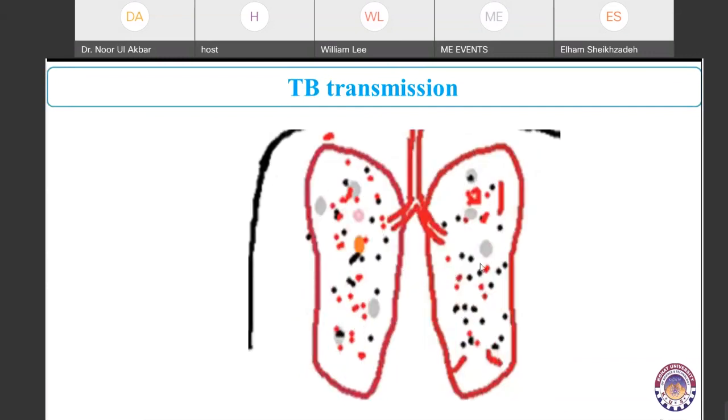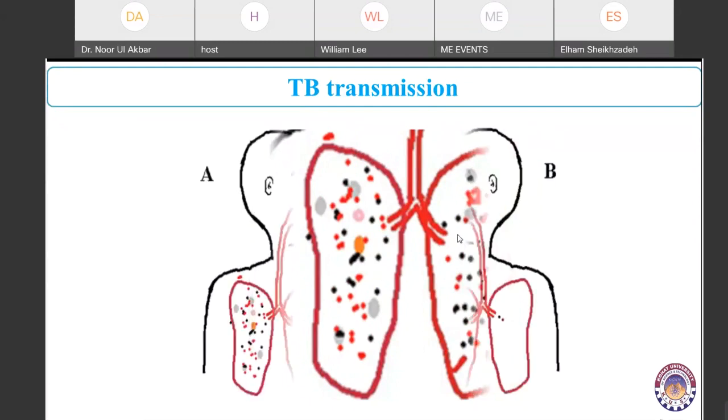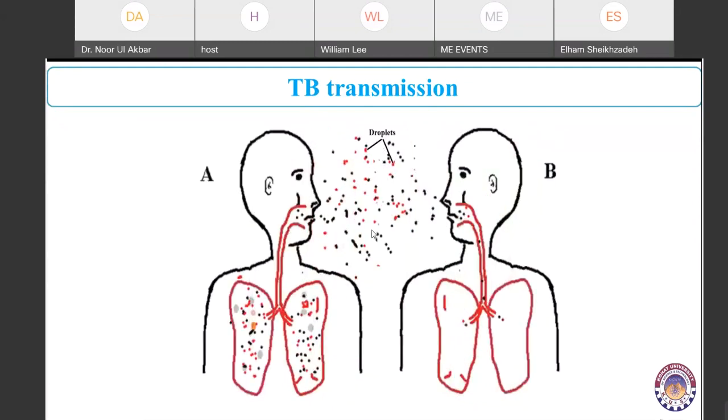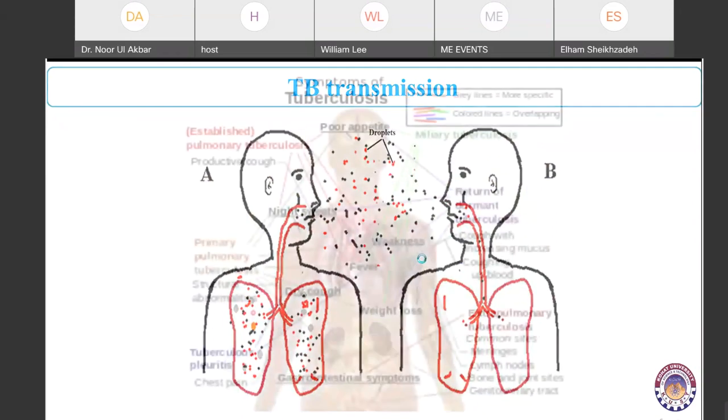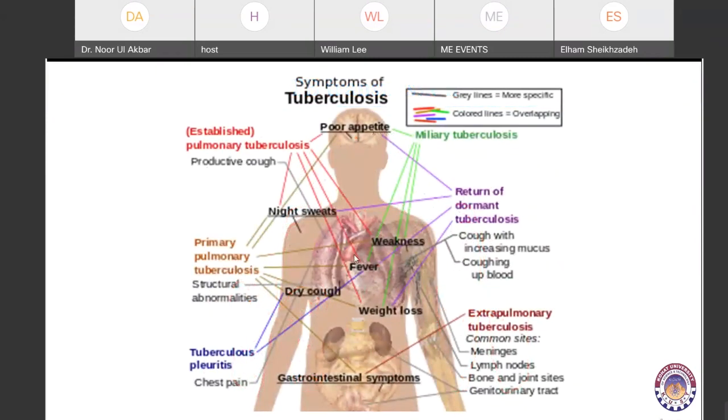These are the infected lungs due to which Mycobacterium tuberculosis is transmitted from person to person, and the droplet nuclei is transmitted from this infected person to a new healthy person. These are the signs and symptoms: primary pulmonary tuberculosis having dry cough, fever, weakness, etc. These are other signs and symptoms.